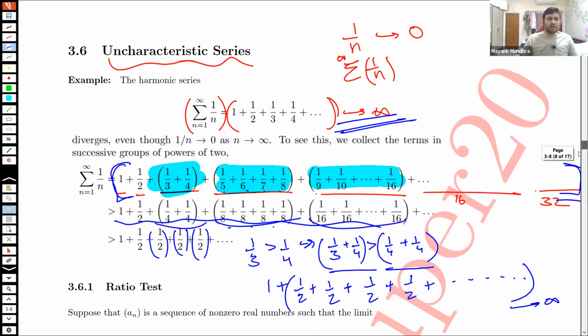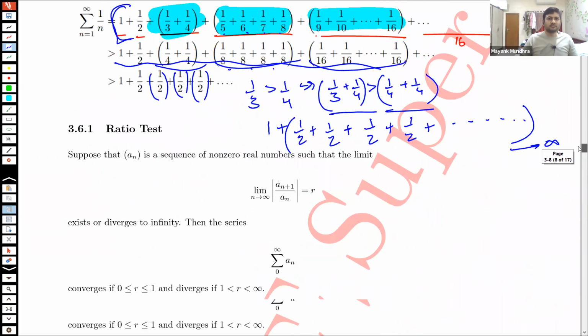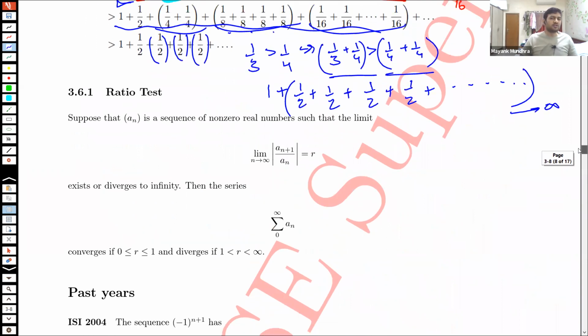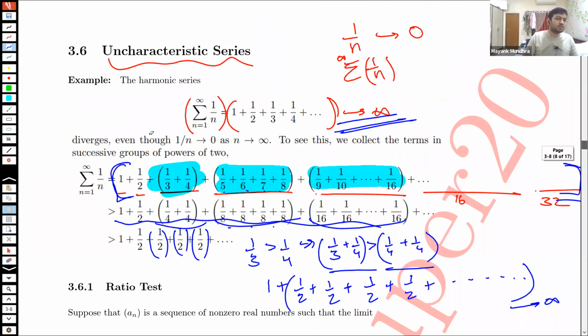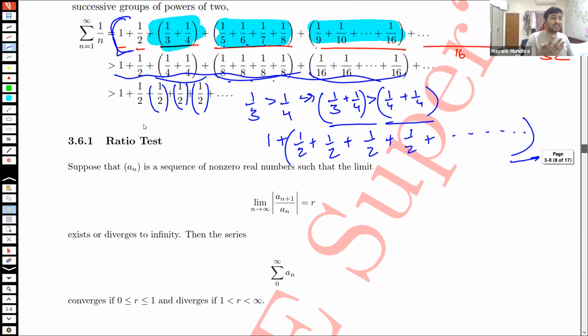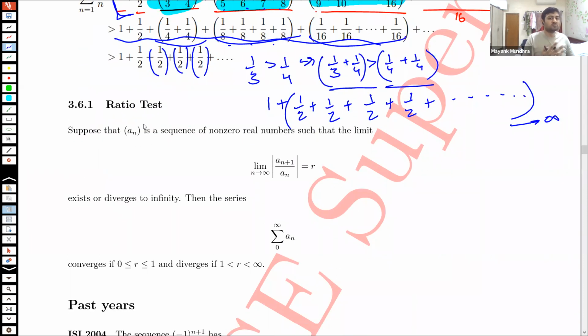All right, one last thing, ratio test. Ratio test is something which you can use to find if a particular series is going to diverge to infinity or not.